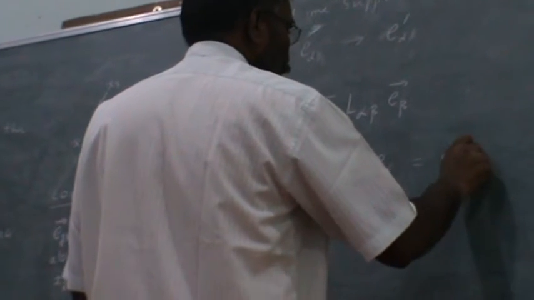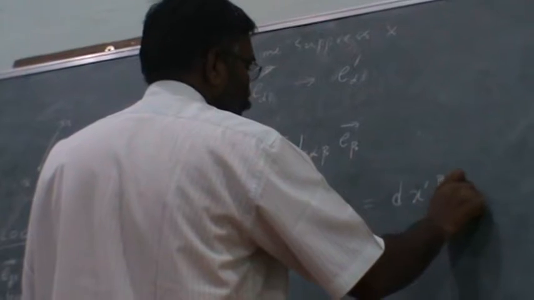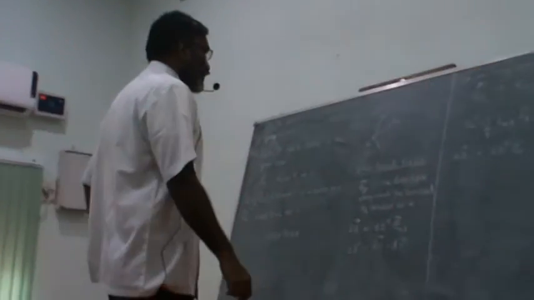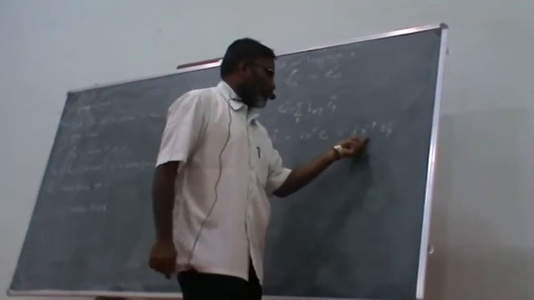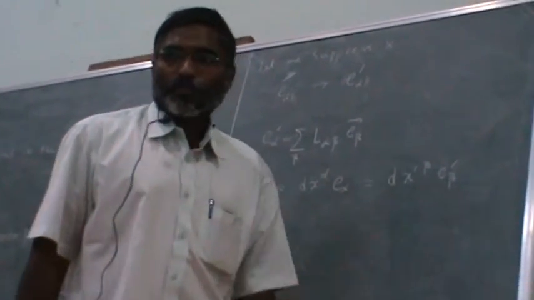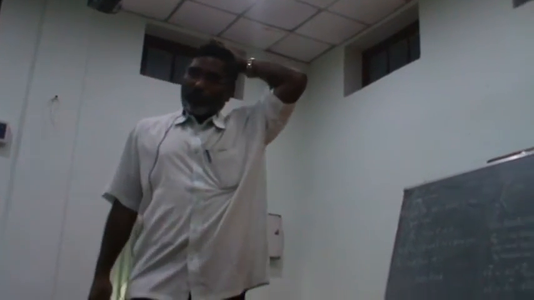Equivalently, it can be written as dx prime beta into E beta prime. The components will be different in different bases, but the vector will be the same. So if we have different components, the components can also be related to each other.